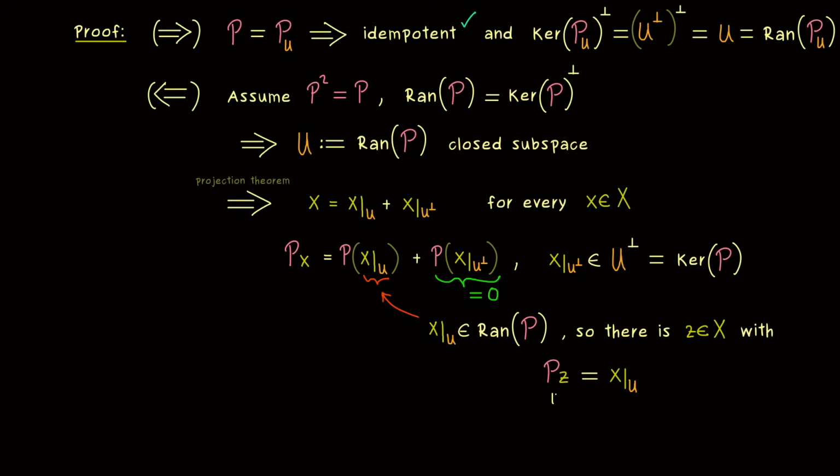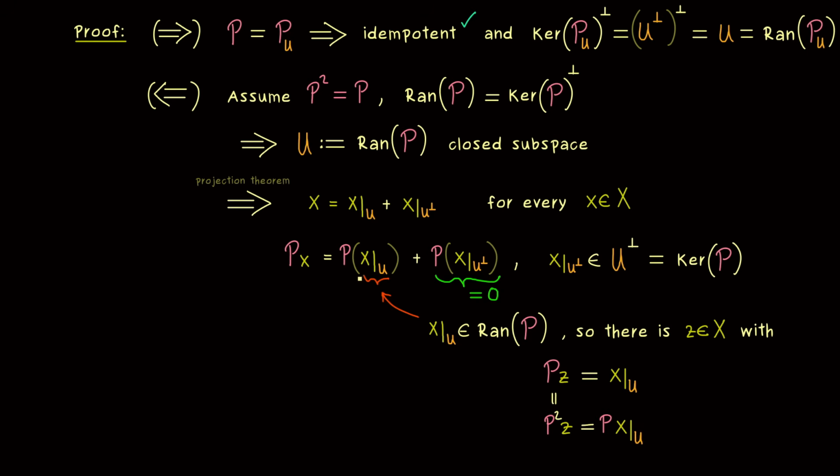However, now instead of P, we could also write P squared. We know it's idempotent, so this one does not change anything. However, we already know that P of z gives us our vector, so only one P remains. Hence, what we actually get is that P applied to such an element from the range does not change anything. And with that we are finished now.